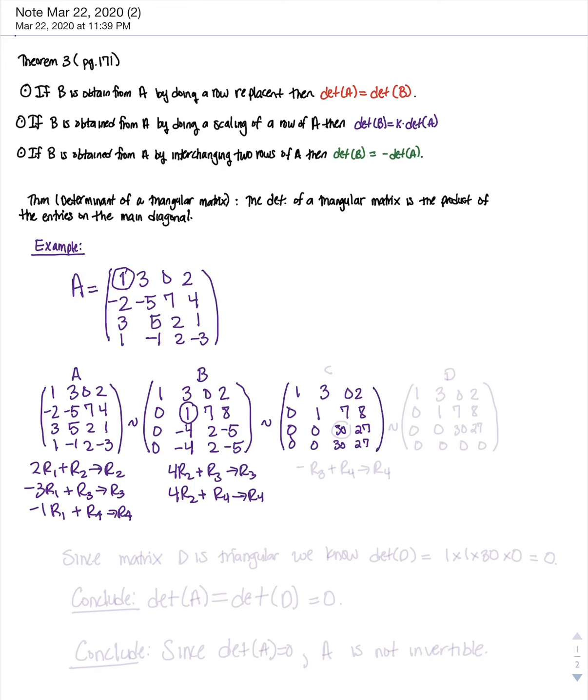And again, we can continue to put this in row echelon form. We have our next pivot at 30, so we can make the 30 underneath it 0.